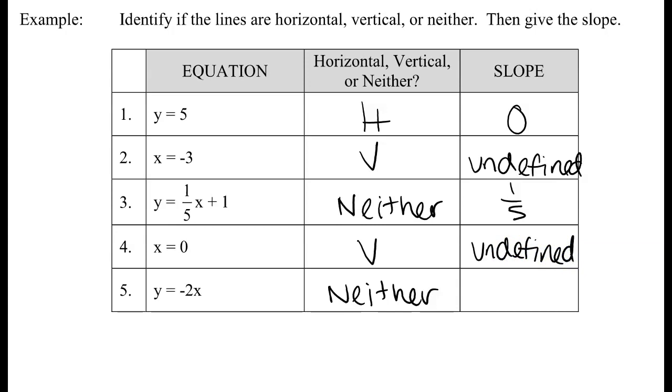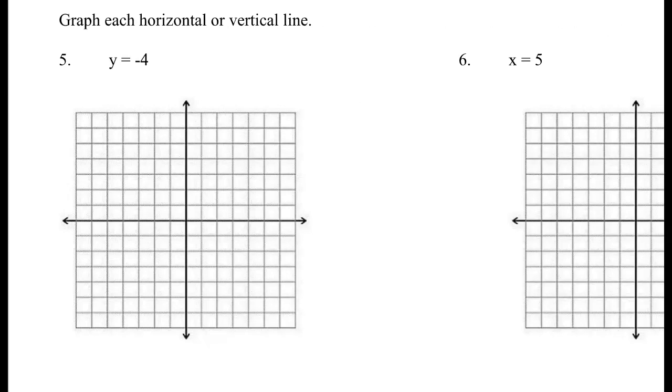Let's talk about how to produce the graph. If it says y equals -4, that means you go to the y-axis, find -4, and you need a line that touches that place on the y-axis only. That should be a horizontal line looking just like this.